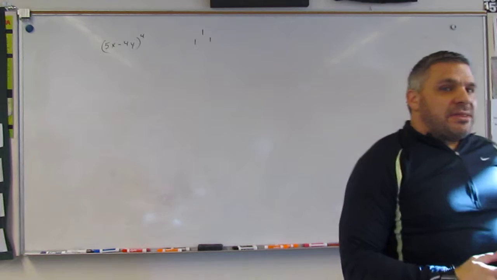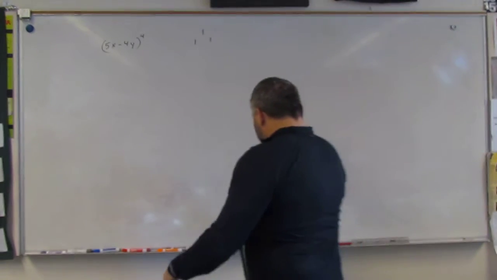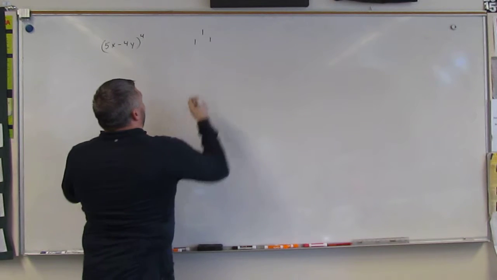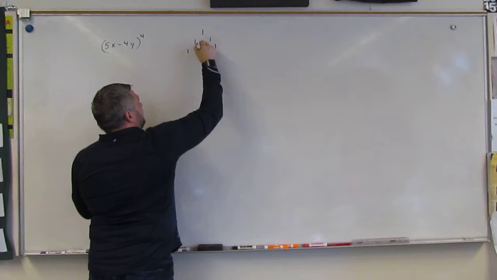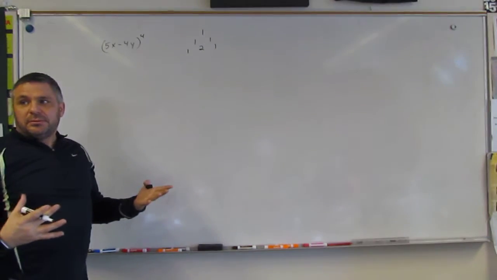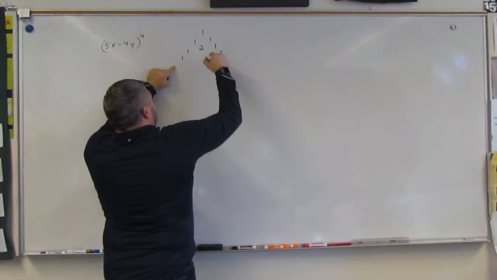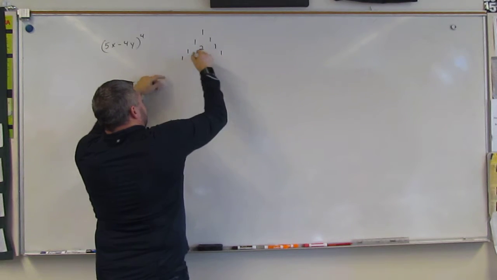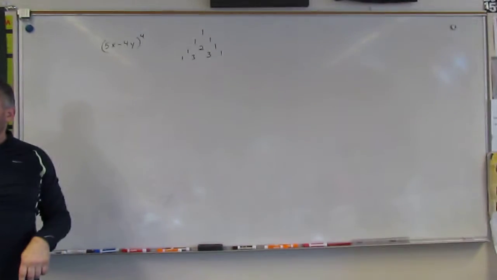And then we look at the space, and the space determines what the next number is going to be. So we're always going to have the 1 out here, but then this space is going to be a 2. And then we look out here and a 1, 1, right? And then this space tells me it's 3, and this space tells me it's a 3.